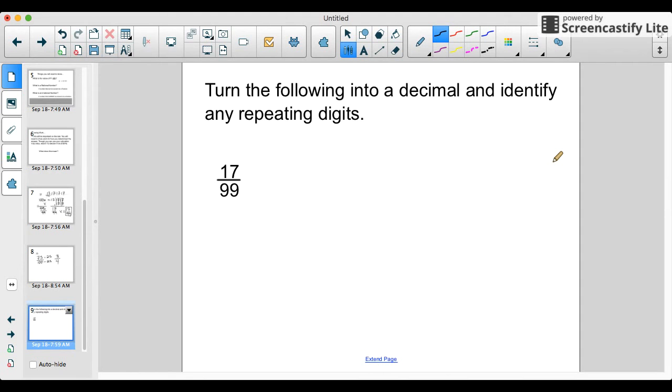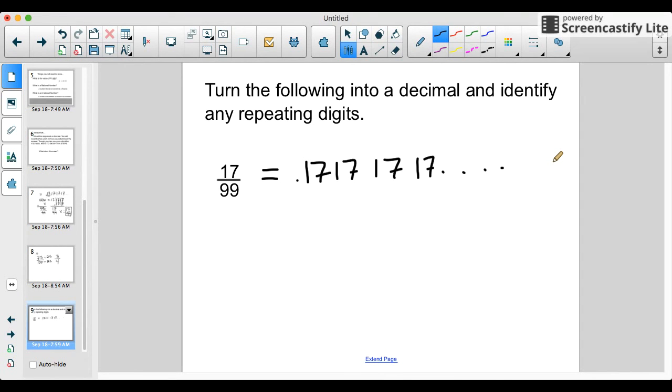So we will plug this into our calculators. Again, we're going to clear out our memory on our calculator. We're going to click 17 divided by 99 because remember the fraction is also a divisor indicator. And that answer is going to give us 0.17171717, and so on.